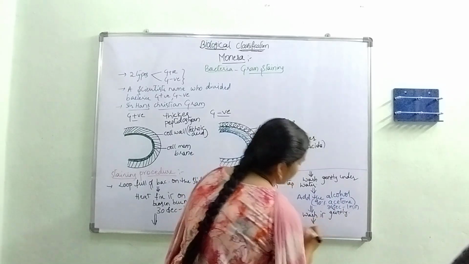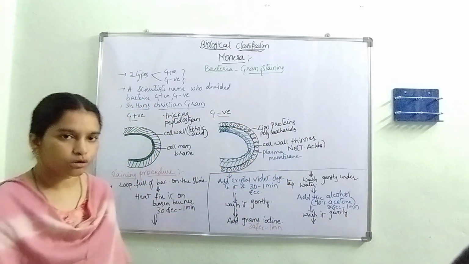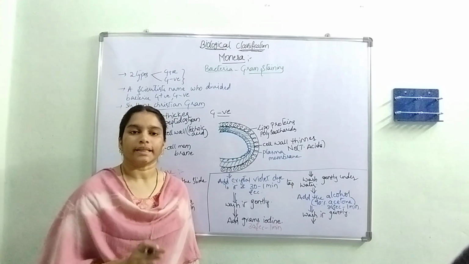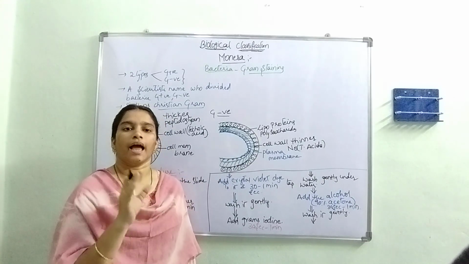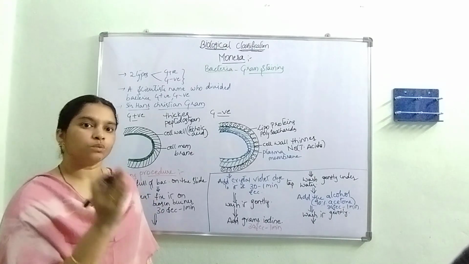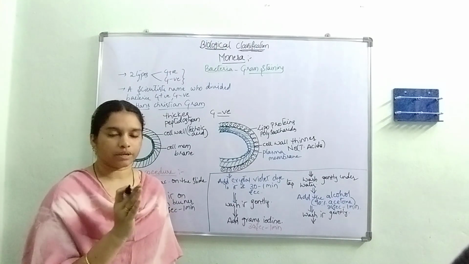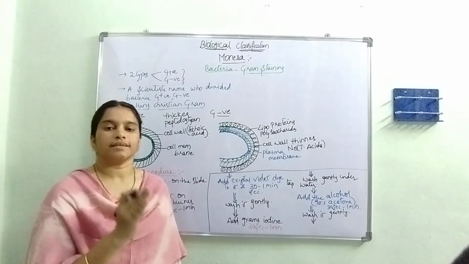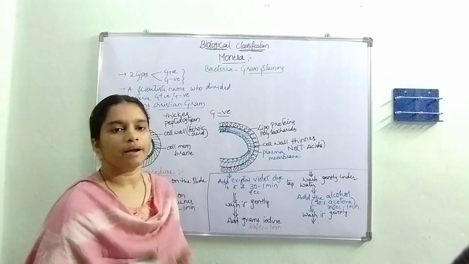Now if you observe under a microscope, you can see cells with crystal violet dye and cells without any dye. The cells dyed violet are gram positive, and the cells without any color are gram negative.